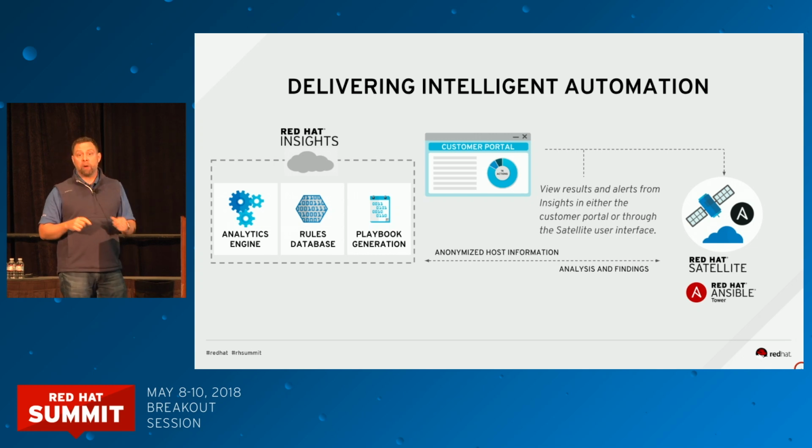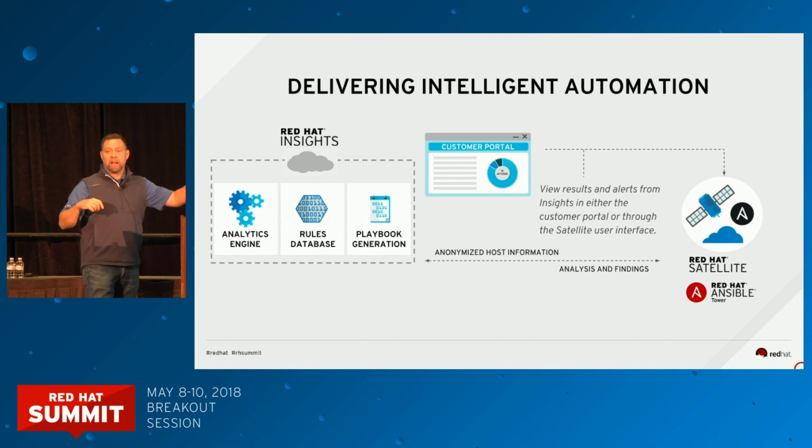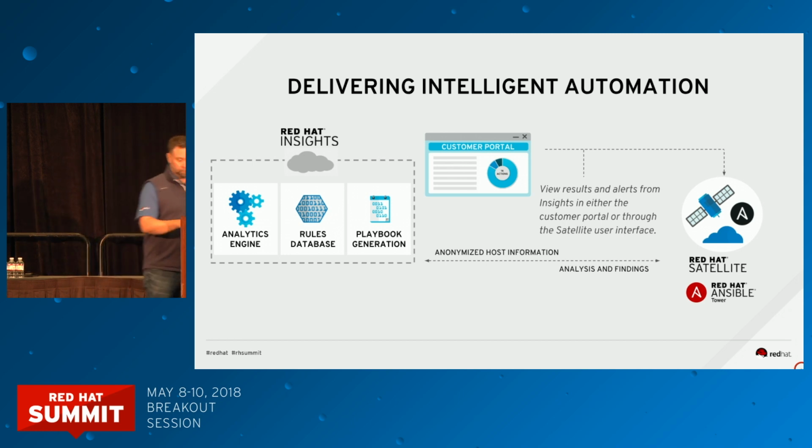Today, what you're going to see is how we can automate on-premise based on what Insights is telling us. So regardless of whether you're managing your environment from the cloud with something like our future offerings around platform management as a service, or whether you're managing your environment today with Satellite, you're going to be able to use the insights that Insights provides and automate those actions and those optimizations.